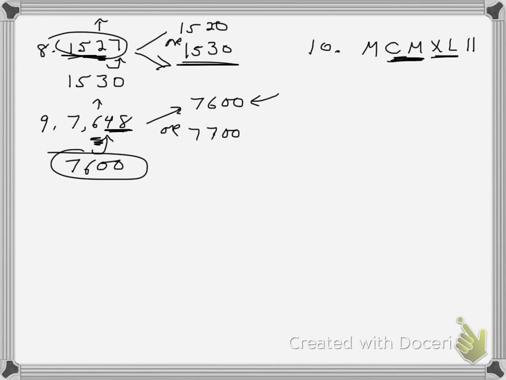This is viewed as a pair because the 10 is less than the 50. So now I just read it off. 1,000, 100 less than 1,000 is 900. 10 less than 50 is 40, and then this would be the 2. So this answer should be 1942. Ask those questions in class if you're not very clear with them.